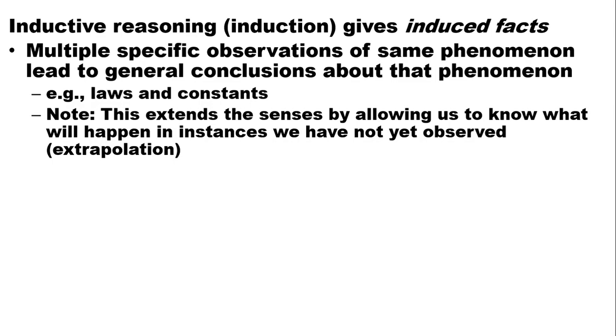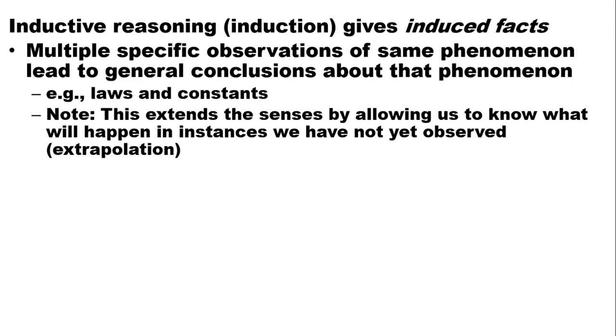In science, this gives us laws or constants, which are fairly limited in induced facts, in the sense that, for example, the law of electrical charges, that opposite charges attract, is a limited idea about the universe because all it tells us is what opposite charges do. It doesn't give us a really big picture of the universe.